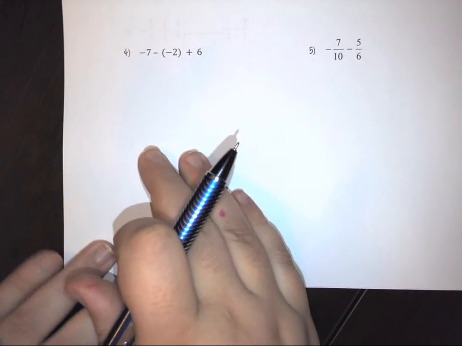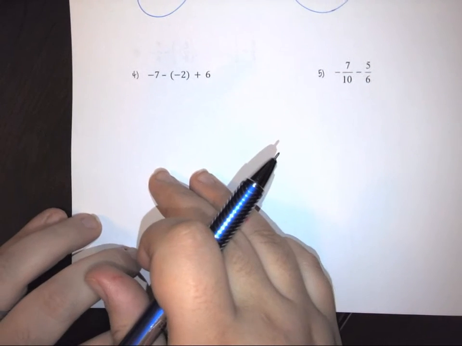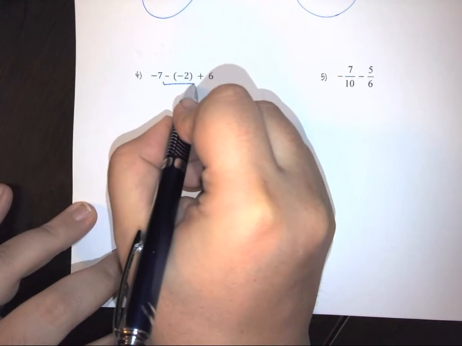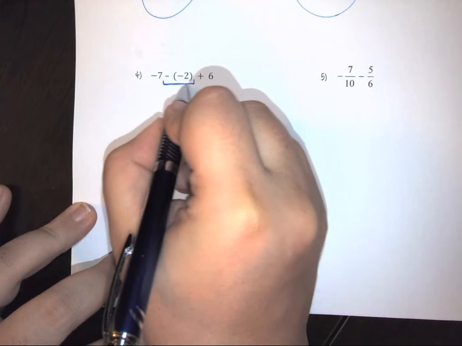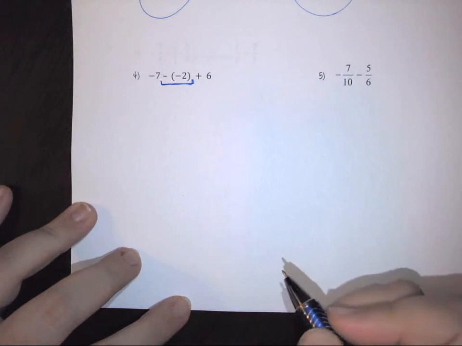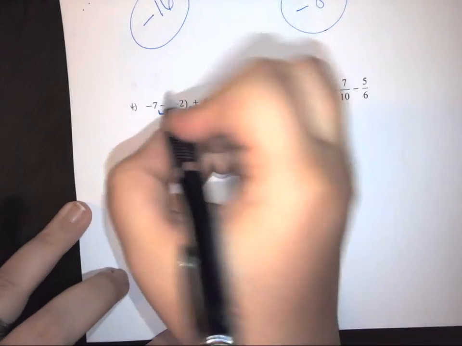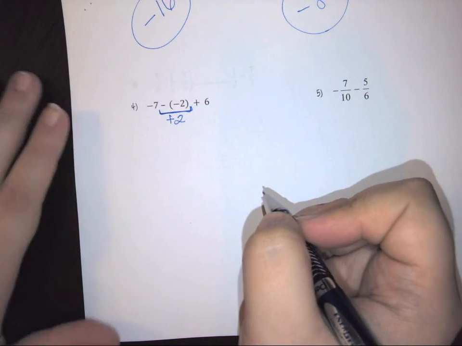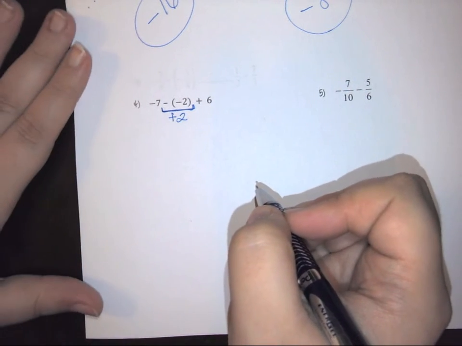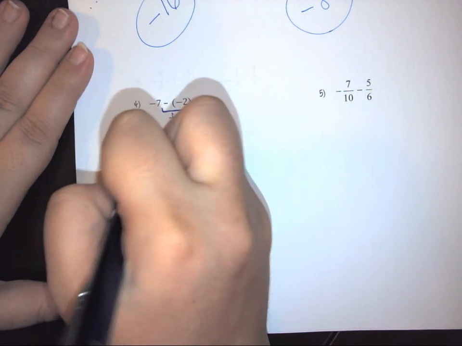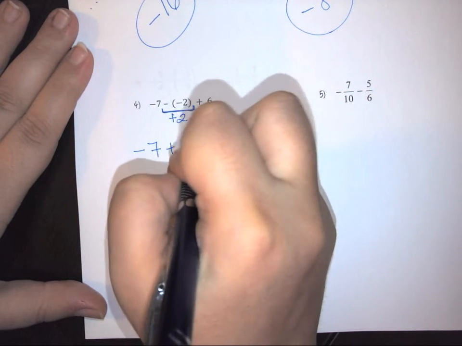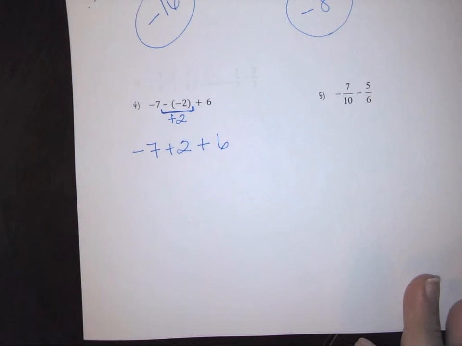Now in this example down here, you can see that we have to work with that, because here I have minus a negative. So this right here, where I have minus a negative 2, is actually going to become a positive 2. So I have to rewrite my problem, which means I have negative 7 plus 2 plus 6.